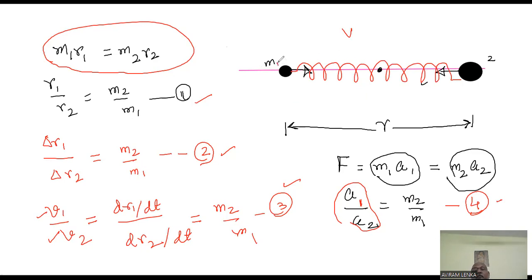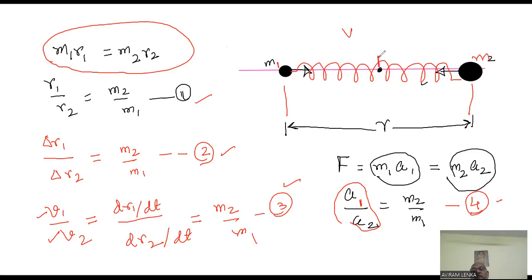Maybe you can bind them with the help of a thread because it is difficult to keep the spring in this compressed position. So when they are kept at rest in such a way, the distance between them is r.